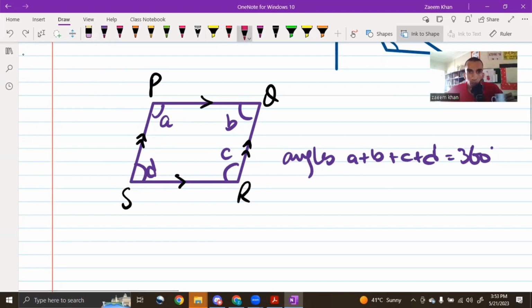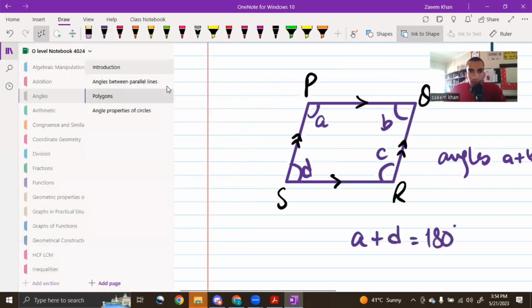So what can you say about A and D? Interior angles always add up to 180. You were thinking of vertically opposite.